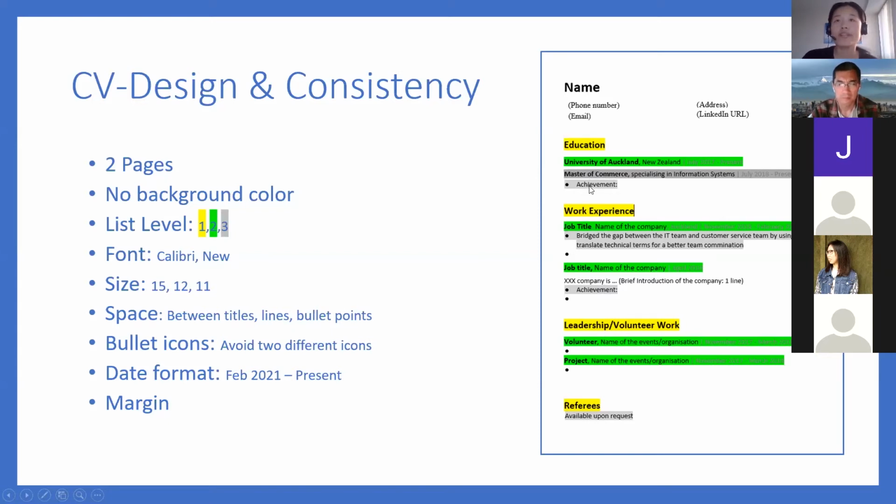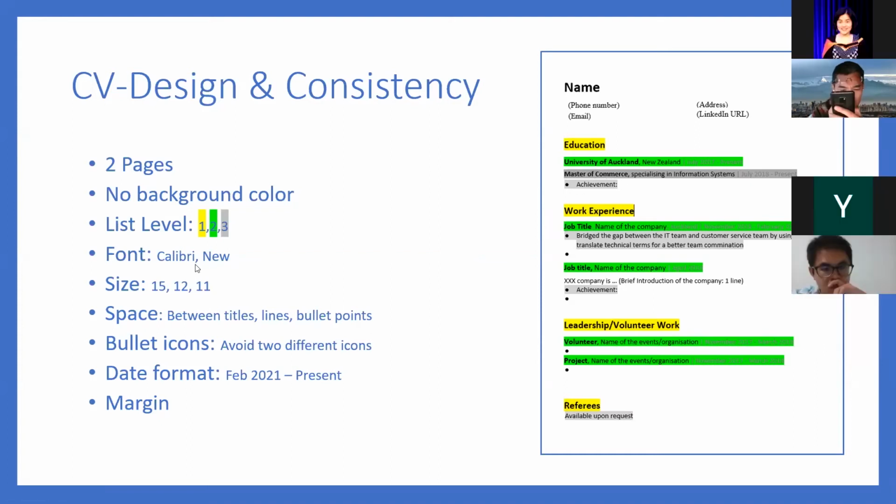If you have more than 3 levels, for example, Master of Commerce achievement, I have 4 levels. So I keep Master of Commerce and achievement the same size, but I bolded Master of Commerce because that's my degree, so I think it's important. The main thing is just to keep the CV consistent, same font.